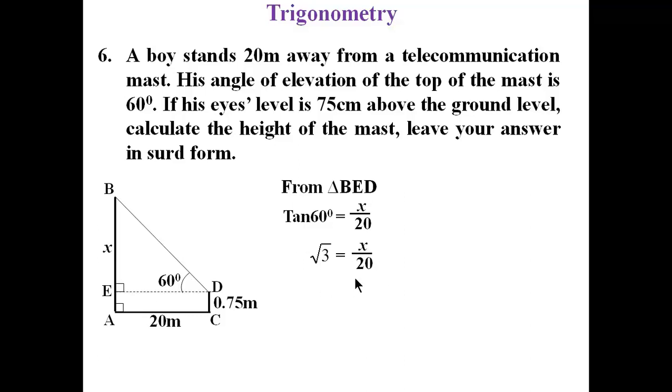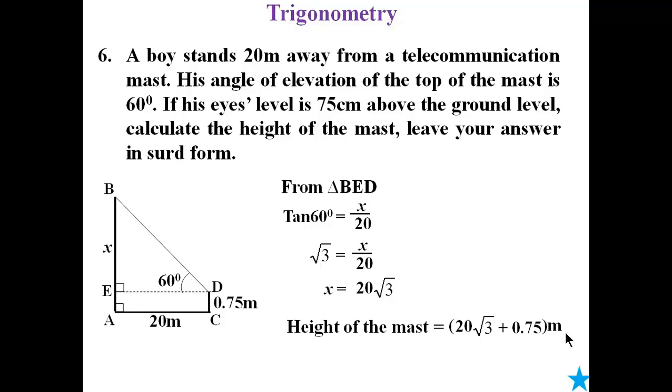And cross multiplying, we have X equal to 20√3. So from here, the height of the mast is 20√3 plus 0.75. We have to add AE. So adding AE, we have 20√3 plus 0.75, all in meters.